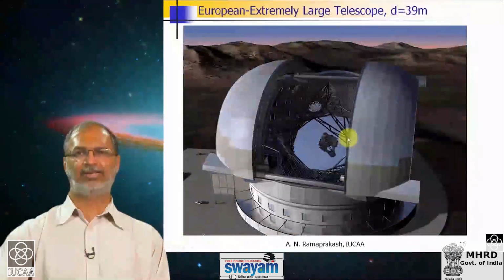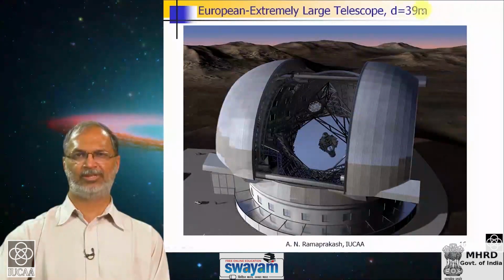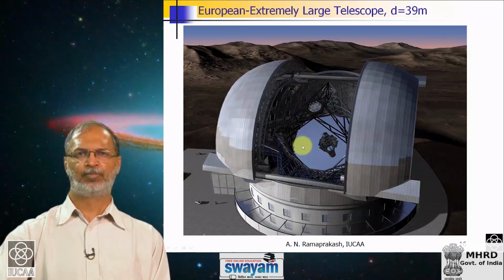And there is an even larger telescope which is effectively 39 meters in diameter, again made of small segments. You can't see the segments because they are so small compared to the big size of the primary mirror. This telescope is made of close to 1000 segments, about 1.4 meters in size and hexagonal in shape. They are arranged edge to edge to form a 39-meter primary mirror.